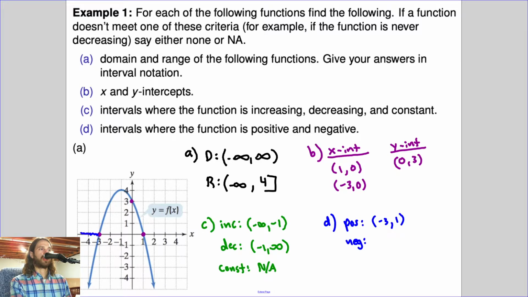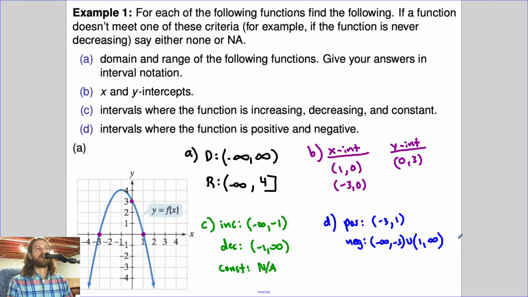We're below the x-axis for all these x values and all of these x values. So it's negative from negative infinity up to negative 3, union from 1 to infinity.